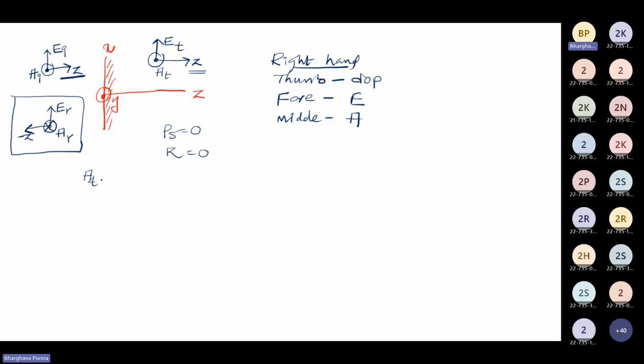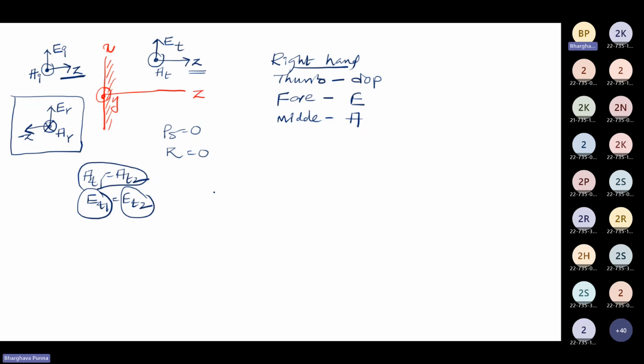That means HT1 is equal to HT2 and ET1 is equal to ET2. The tangential components of the electric fields in medium one should be equal to the tangential components of the electric fields in medium two. Similarly for the magnetic fields also. So we have to apply these two things, then we get the related equations.